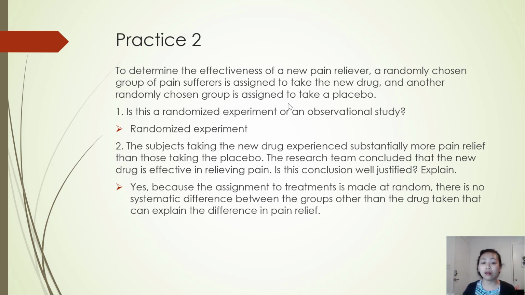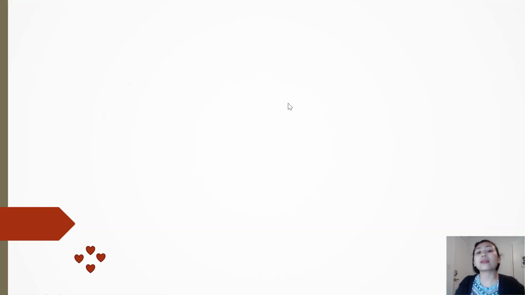And remember, in randomized experiments, if there is a huge difference between the two treatment groups, we can conclude that there's no systematic difference between the groups other than the drug taken that can explain the difference in pain relief. So that's all for today.